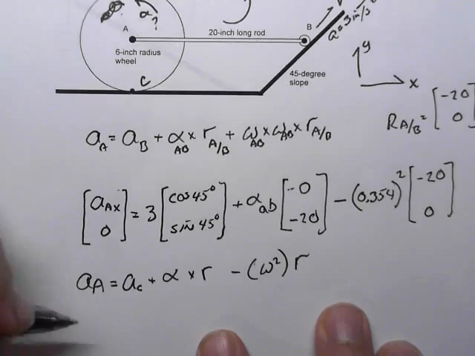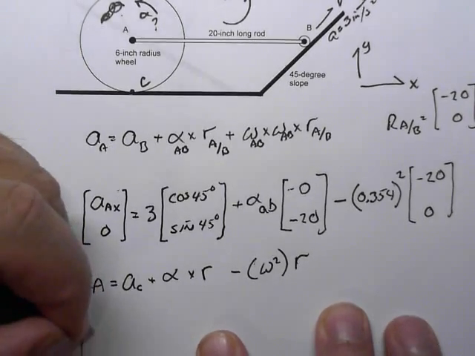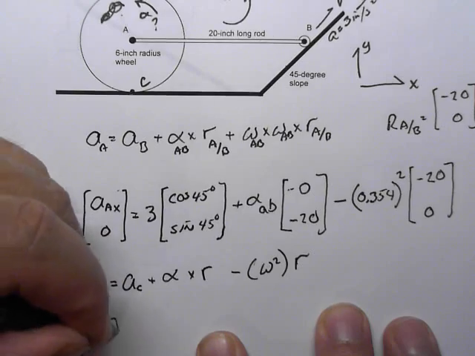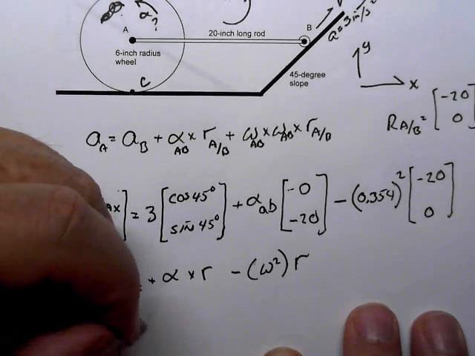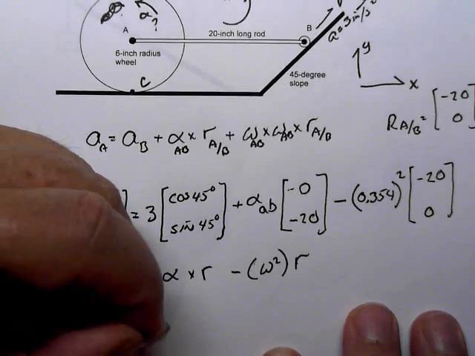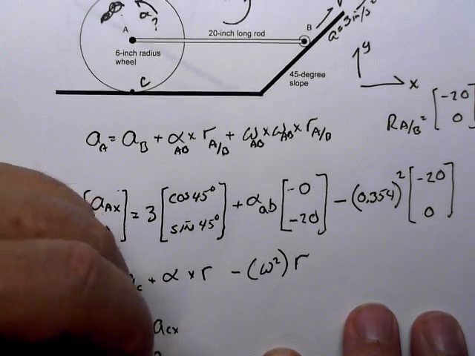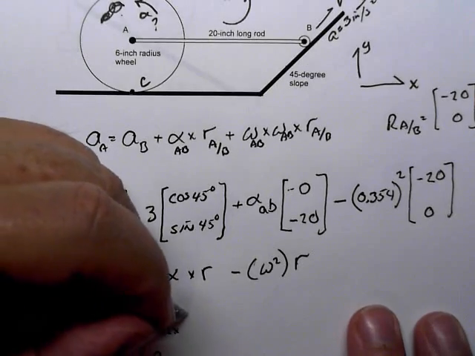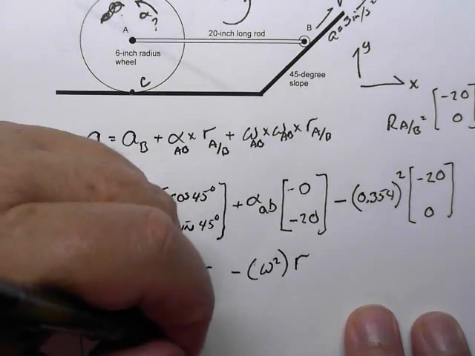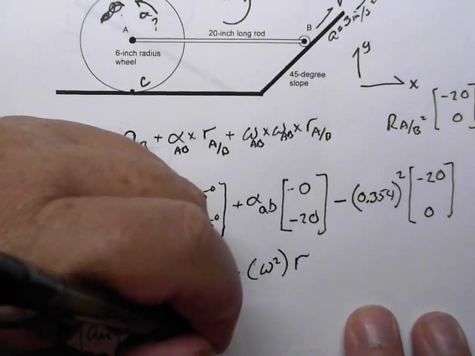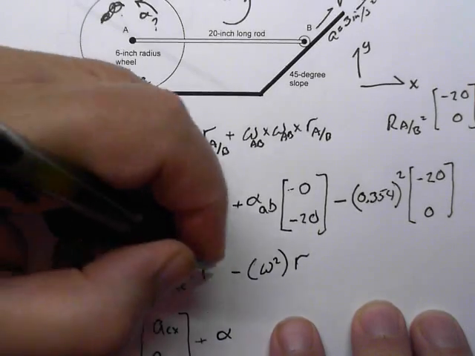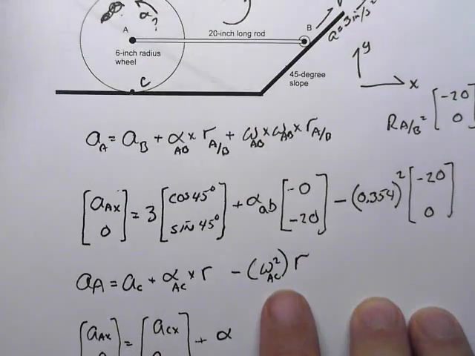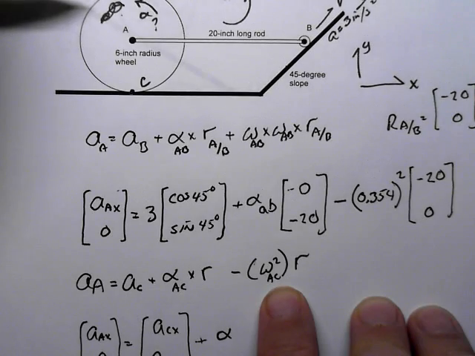And the acceleration of A will now be an AX and a 0, but this is known, is equal to the acceleration of C, ACX, ACY, plus alpha, and we need to put some subscripts on this, sorry, alpha AC, omega AC, which we have not yet solved for.